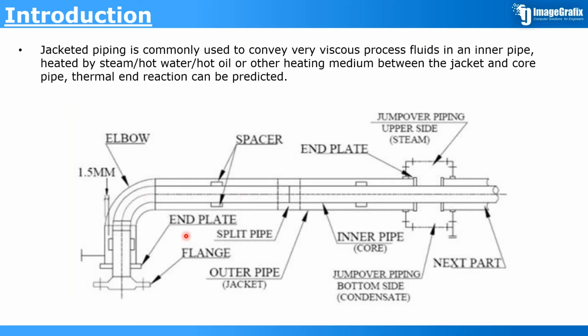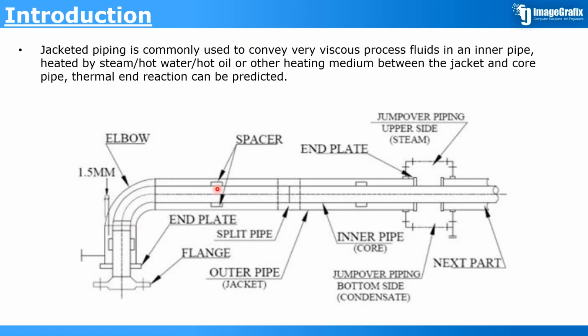But when it comes to the jacket piping, the first component will be your end plate. This end plate is a plate which is welded to my core piping, so that it will never move from my core. This part is the end point of my jacket piping.